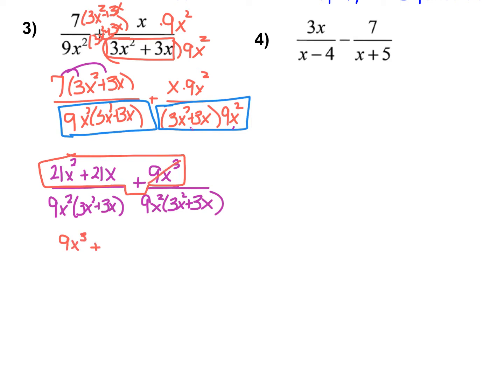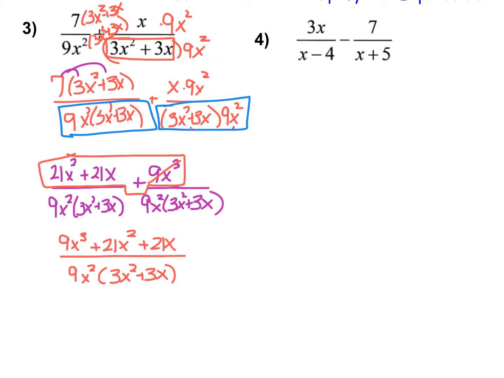Then I notice I have 21x squared plus 21x, and that's all over 9x squared times 3x squared plus 3x. So it's all over my common denominator. So that's the process of adding. I get common denominators, and then I add the numerators together.